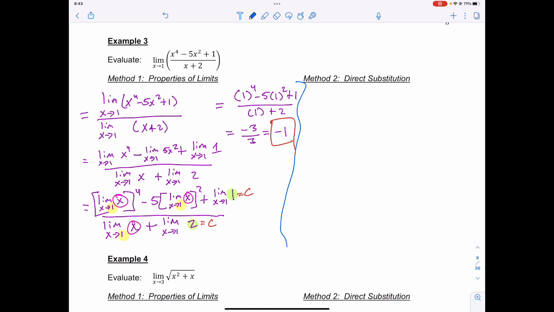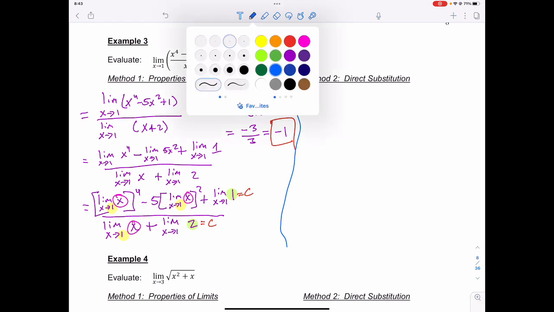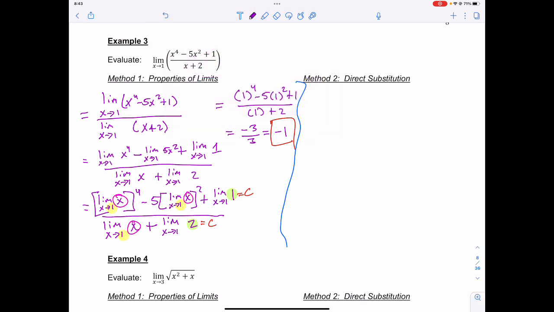We can also do this using direct substitution. So, if I'm doing it using direct substitution, if I have the limit as x approaches 1 of x to the 4 minus 5x squared plus 1, all divided by x plus 2.